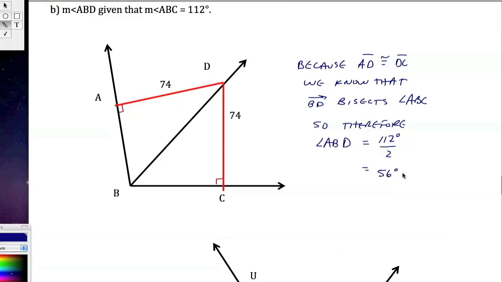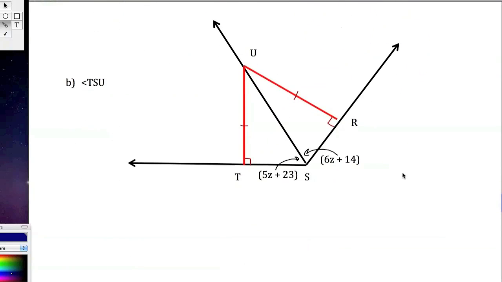Okay? Last example. We want to find the measure of TSU. Well, because we know UT is congruent to RU, we know that ray SU bisects angle TSR.